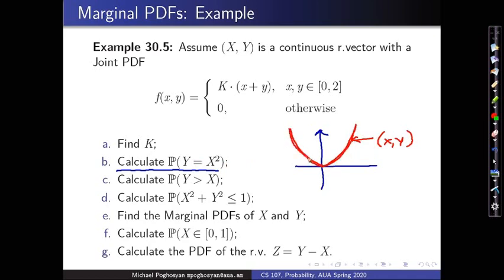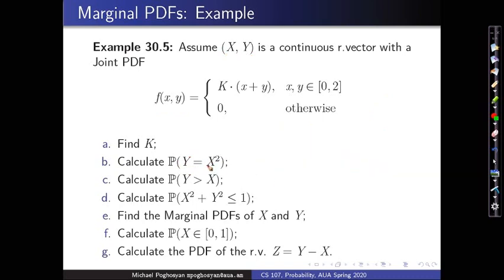Because we are dealing with a continuous random vector, we have a joint PDF, so this probability will be 0. The probability that point XY will lie on this curve with area 0 will be 0. So nothing to do here. Okay, calculate the probability that y is larger than x.